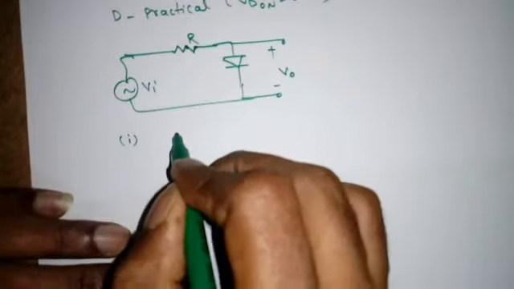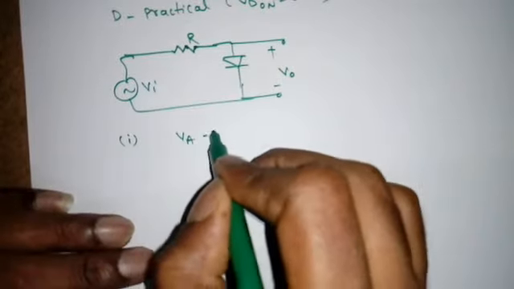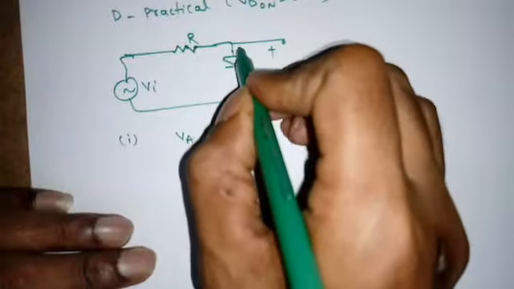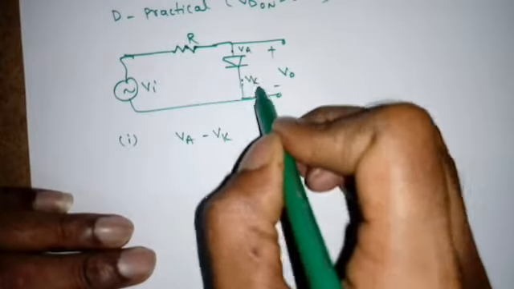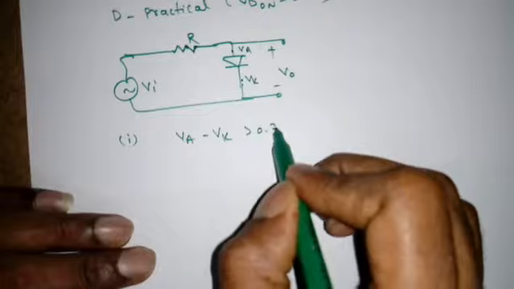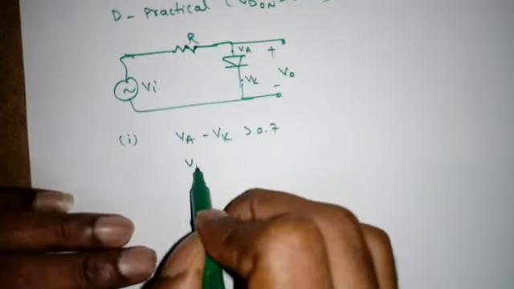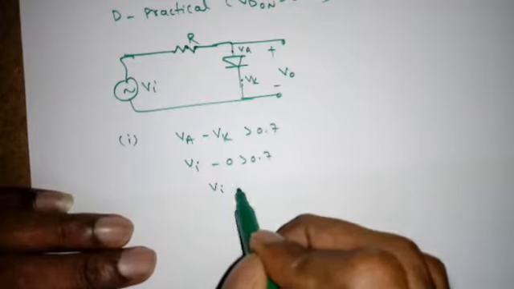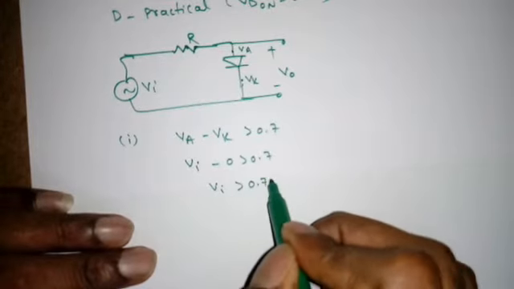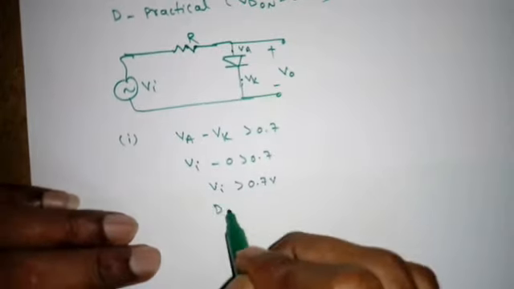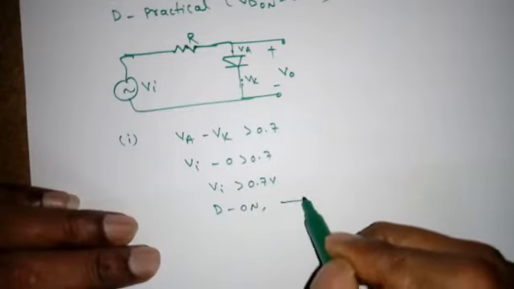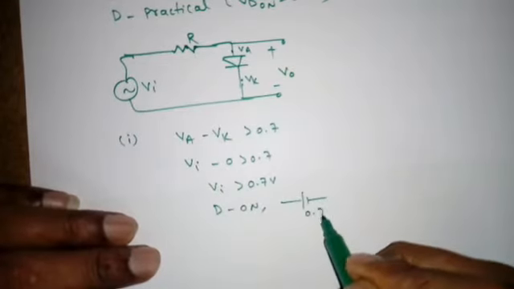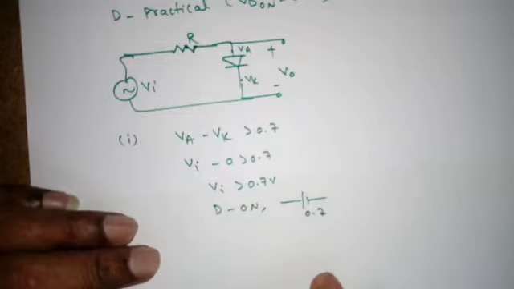In the first case, the difference between the anode voltage and cathode voltage, VA minus VK, should be greater than 0.7 volt. So Vi minus 0 greater than 0.7. So when Vi is greater than 0.7 volt, the diode D will be on, so it will be replaced by a voltage source of 0.7 volt.